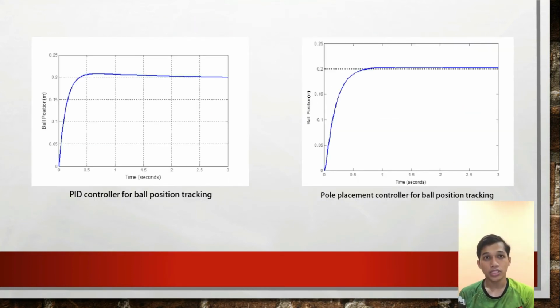Next, we will proceed to the two control schemes, PP and PID, which were designed for ball position tracking control. The time response specifications obtained with PID control action are 0.28 seconds for the rising time, 2.13 seconds for the settling time, an overshoot of 2.86, and a steady state error of 2.2.